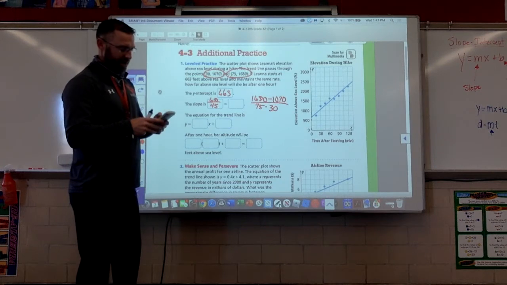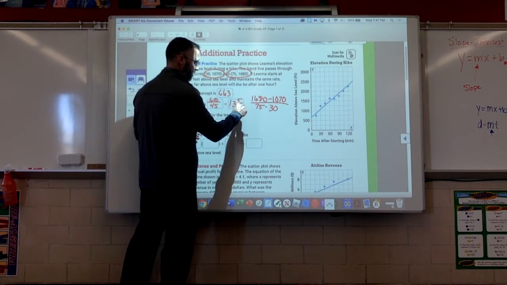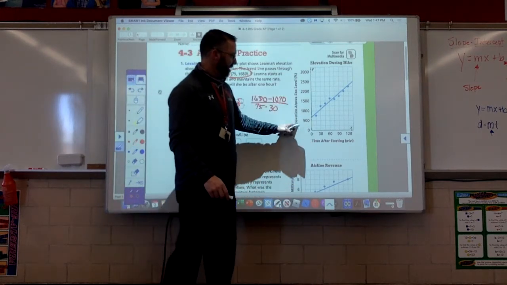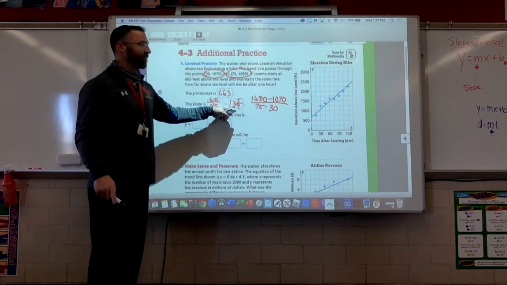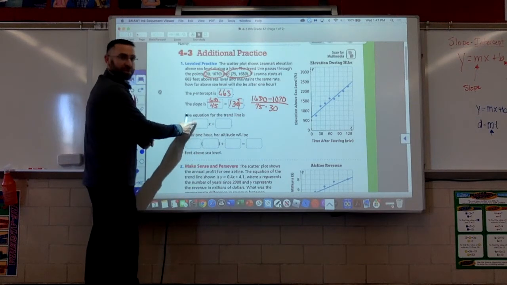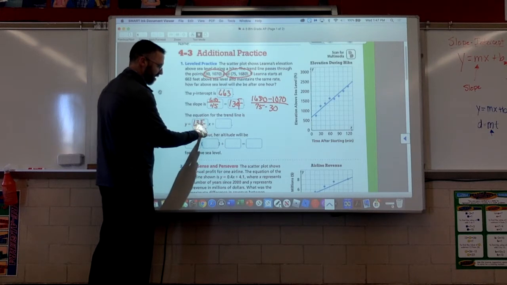We better. 13 and 5/9. So that means my friend Leanna, every minute she's going up 13 and 5/9 feet. That's right. So your equation has the slope, the constant rate of change, 13 and 5/9 here.